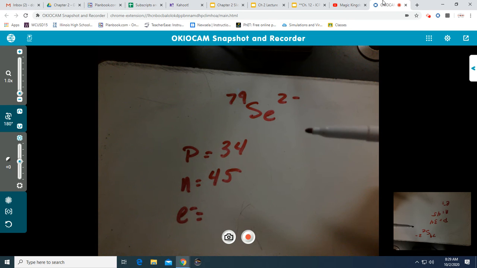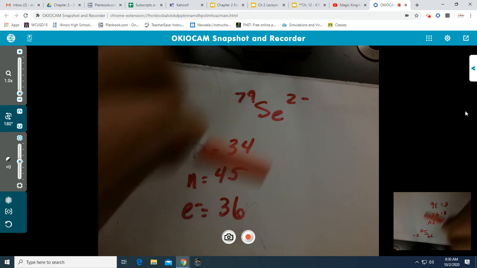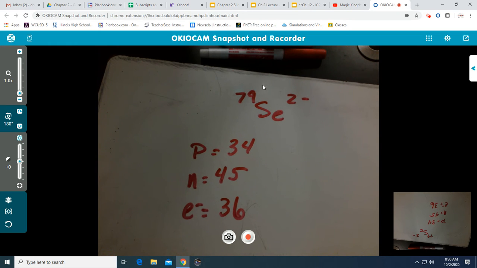So when it's a negative charge, that means there's more electrons. 36. So when it's a negative charged ion, you will have more electrons. And it's the opposite when you have a positive charge, you'll have more protons. You all right with that? Yes, no, maybe so?